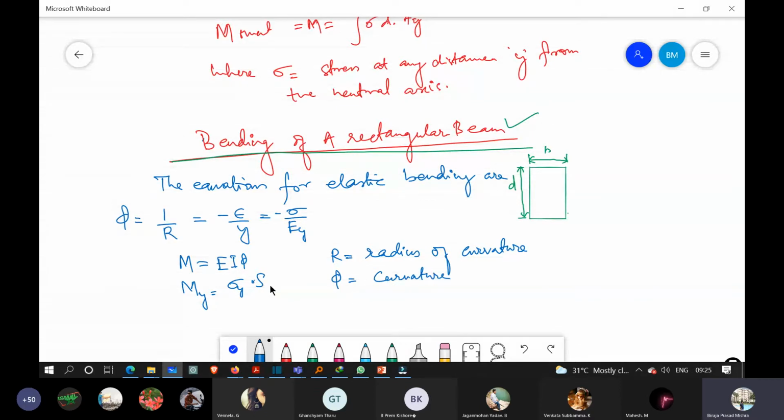Next, what is this S? This S is the section modulus. Now what is the sigma y? Sigma y is the stress at yield level.